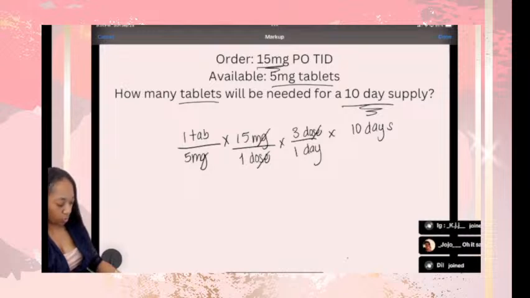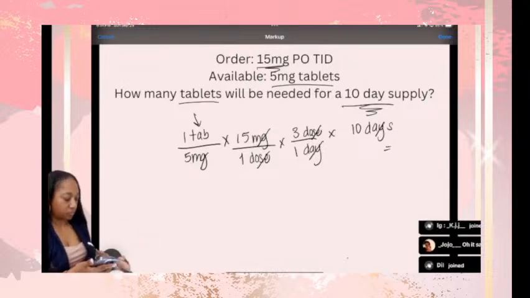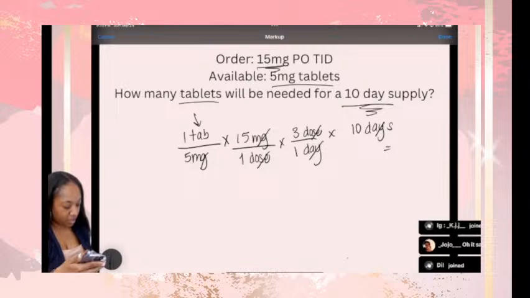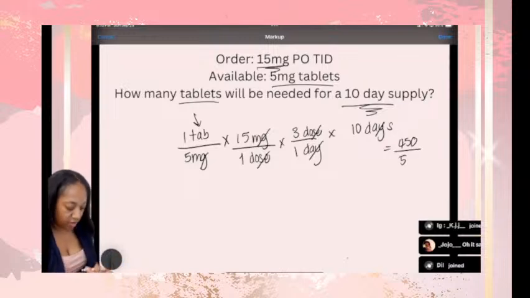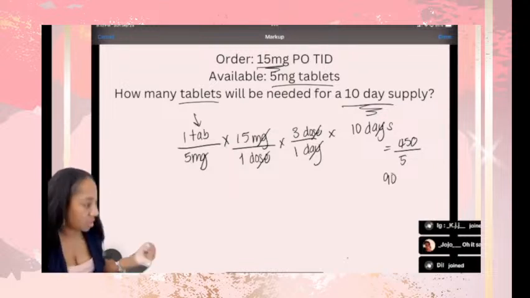So days cross out, days cross out. What are we left with? Tablets. All right. Boom. So now you can do 1 times 15 times 3 times 10 is 450, divided by 5 times 1 times 1 is 5. So divided by 5, you'll need 90 tablets.